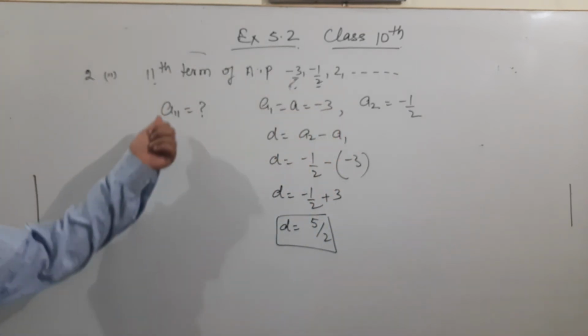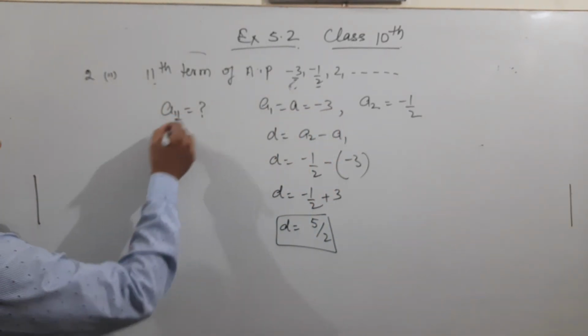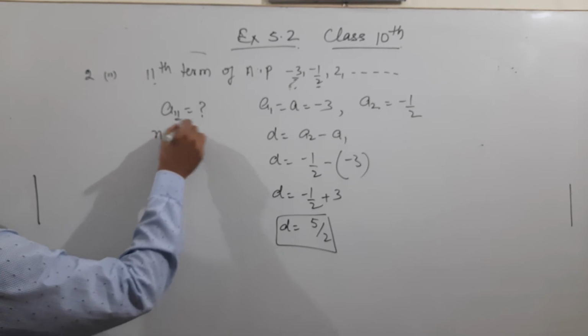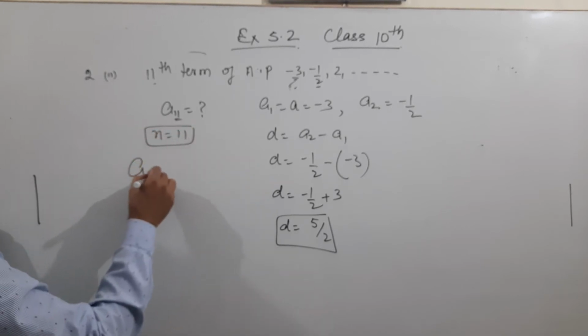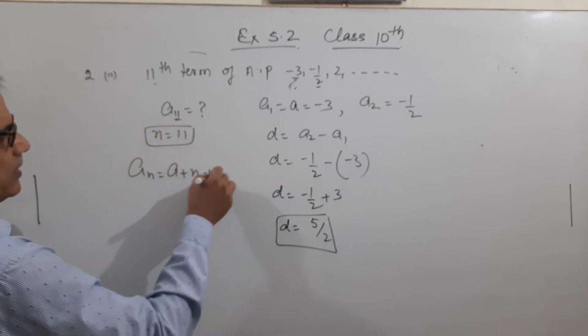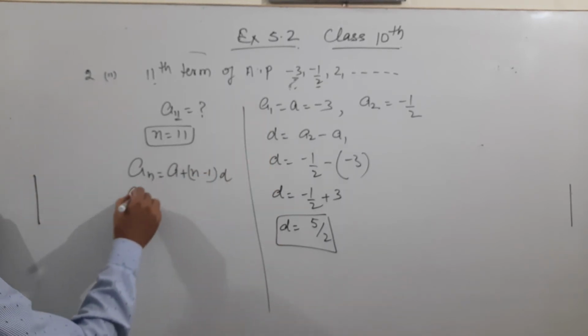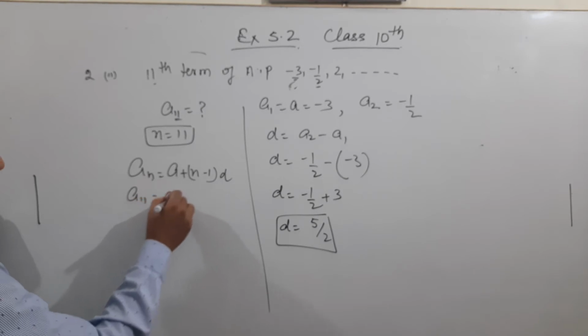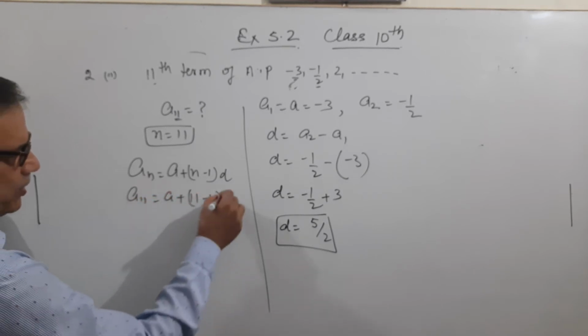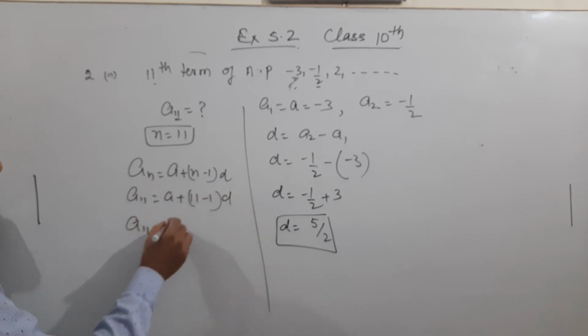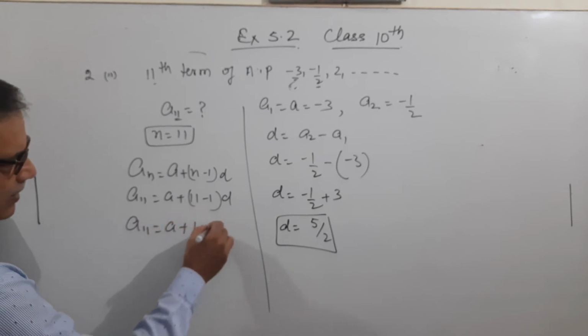And now what do we have to find out? A11. 11 means n, so n is equal to 11. An is equal to A plus (n minus 1) into D. With n as 11, A11 is equal to A plus (11 minus 1) D, which is A plus 10D.